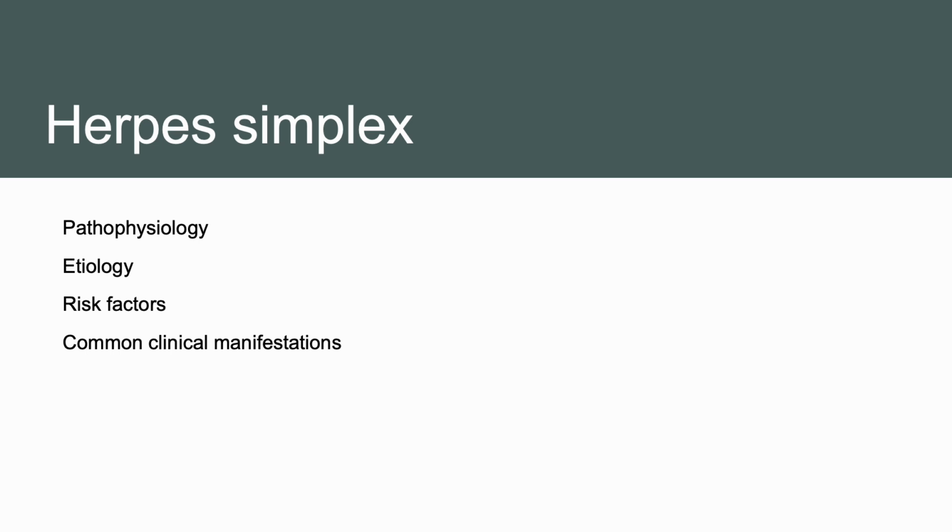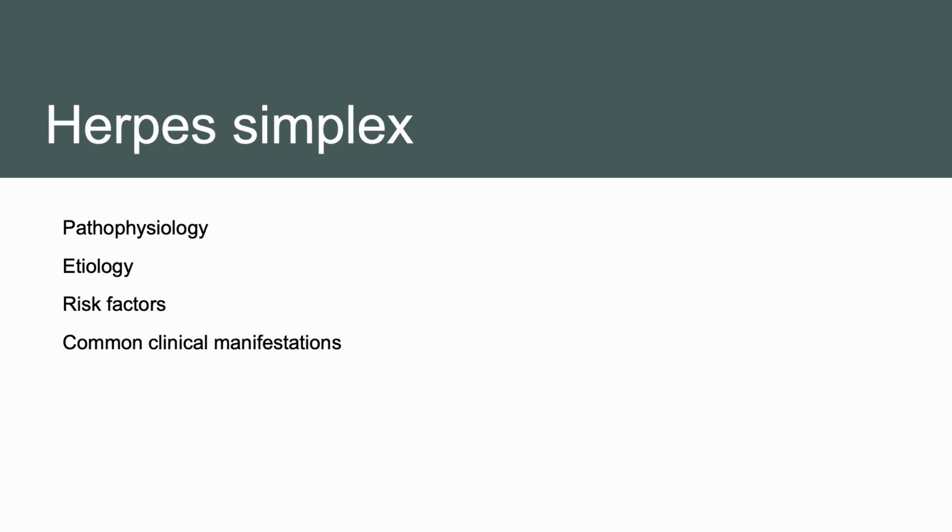Risk factors: close contact with infected individuals, immunosuppression, stress and fatigue, and ultraviolet light or sun exposure. Common clinical manifestations: painful vesicular eruptions on an erythematous base, and prodromal symptoms like tingling, itching, or burning.